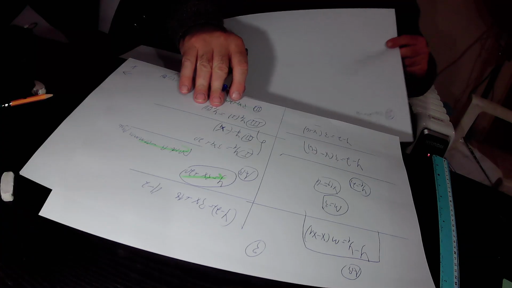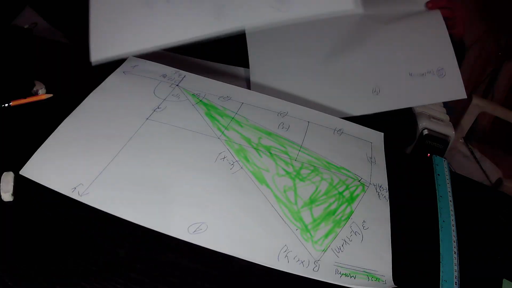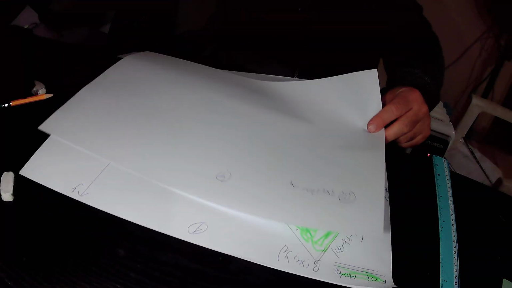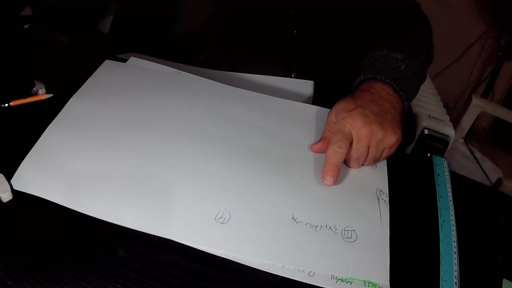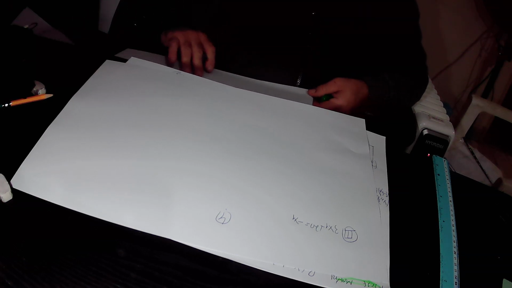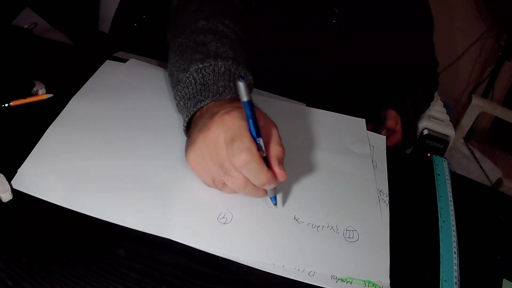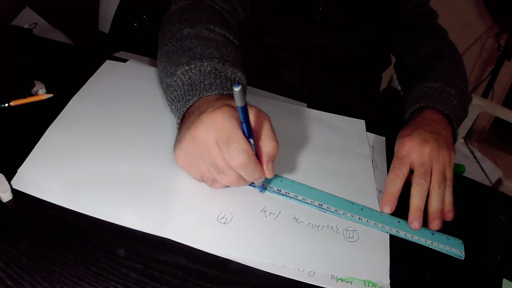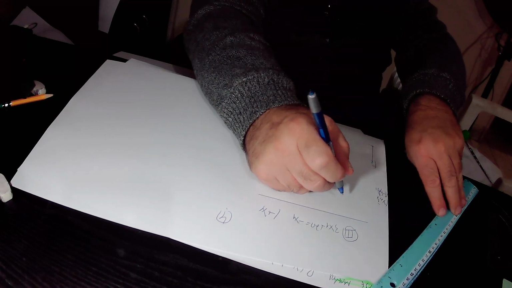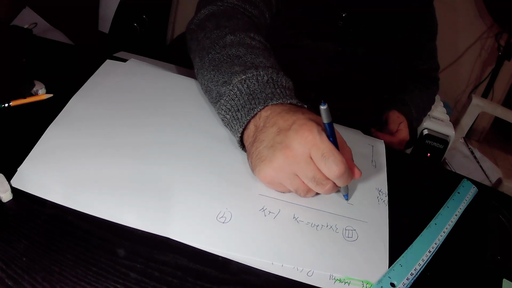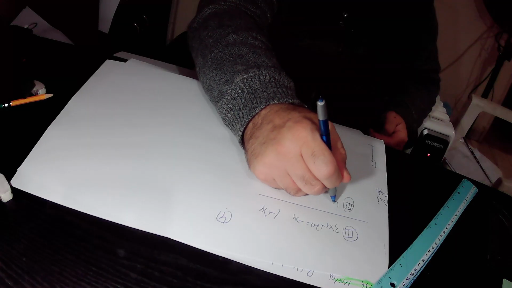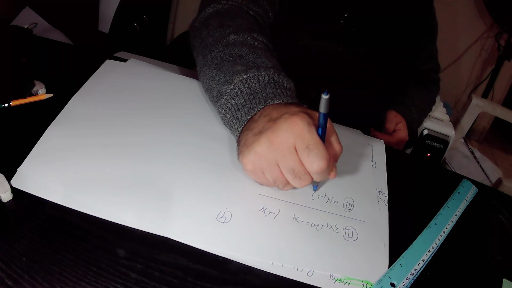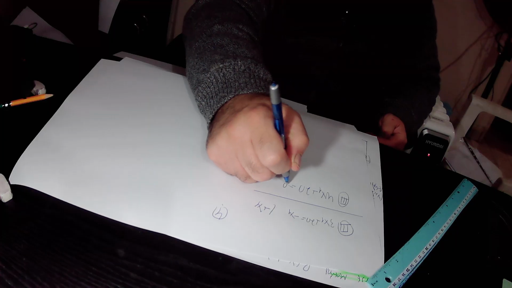And again, according to equation 3, we found out that 3x1 plus 20 equals minus x1. Here we add x1 to this equation, equation 3, and we get that 3x1 plus x1 is 4x1, so it is 4x1 plus 20 equals 0.